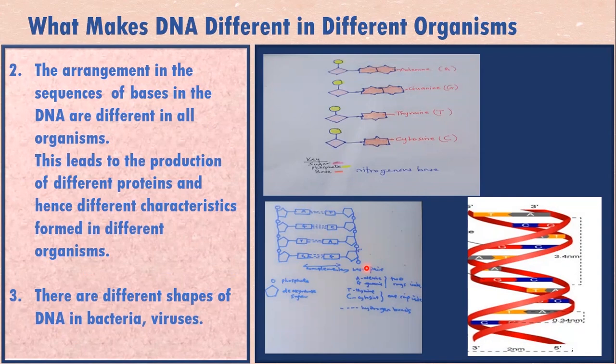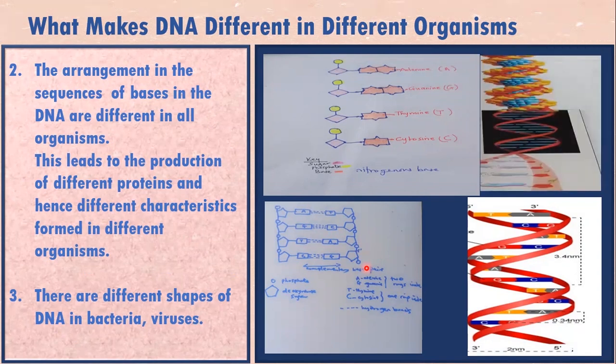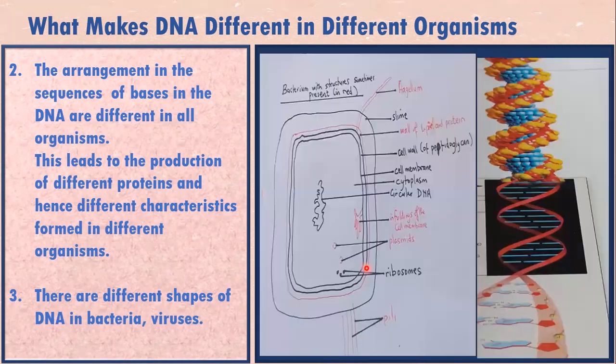Not only that, the shape of the DNA. See, here we have the double helix structure of DNA. The shape and size of the DNA can be short, it can be long. The shape and sizes of the DNA are different in different organisms.